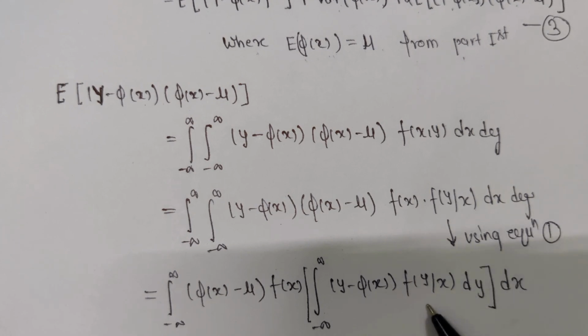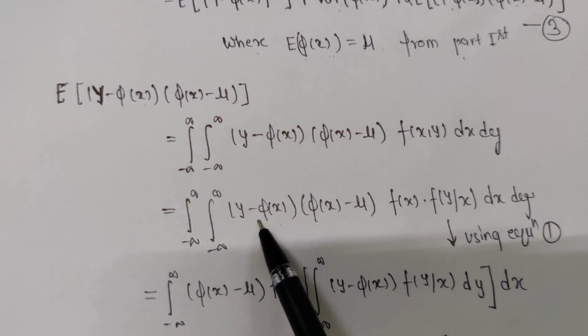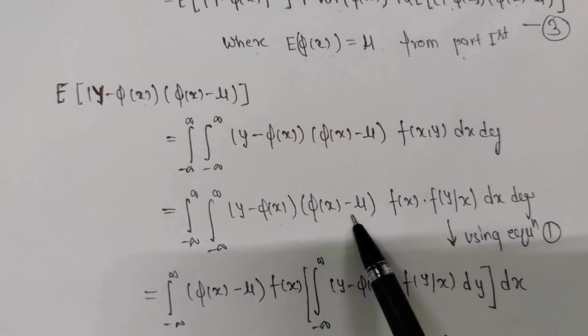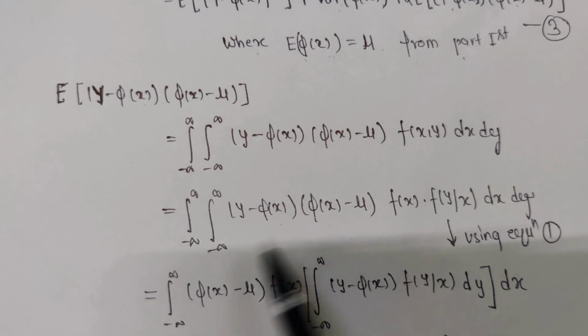So come to the next part. Just you can see here, this is a function of x and y, and this is a function of x only. So we are taking the function of x outside and combining the functions of x and y together. So this is only an x function and this is only an x function.